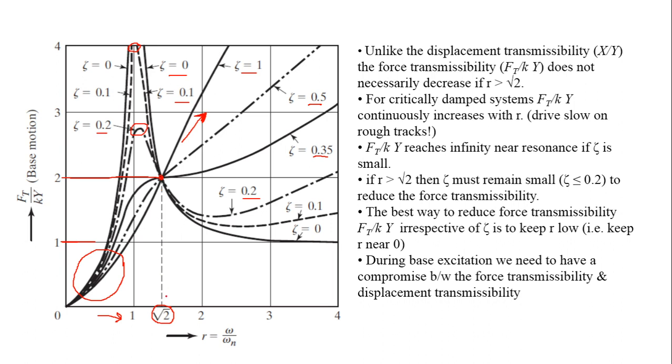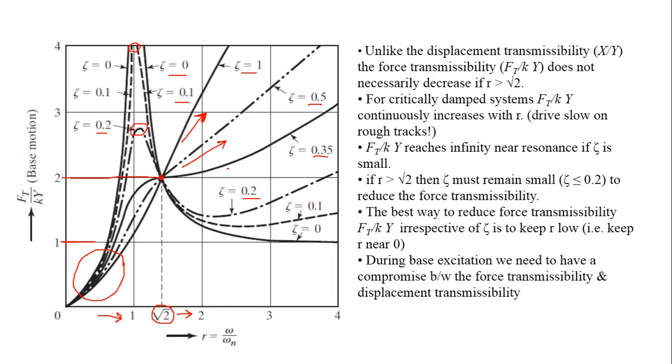If you go further beyond r equals root 2, you can notice that it is not necessary that the force transmissibility reduces, because you see for zeta equals 0.5 it is increasing continuously.